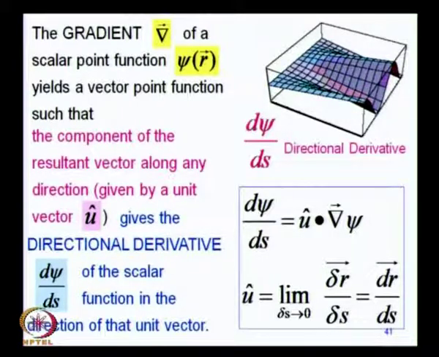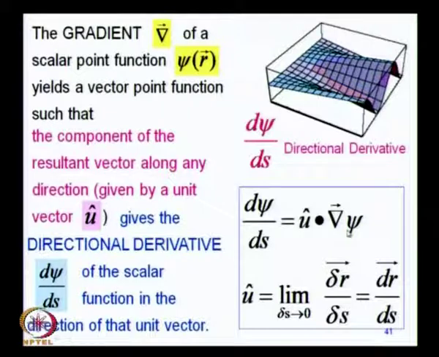What will change from one coordinate system to the other is how delta r is expressed. The displacement vector dr will have different expressions in different coordinate systems, and because of this, you will have different expressions for the gradient of psi in different coordinate systems.